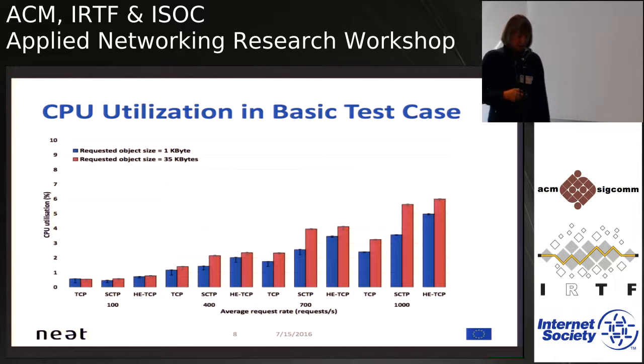Next slide. So this is the first set of results. On the y-axis, you have the CPU utilization. On the x-axis, you have groups of experiments for the different average request rates, running from 100 requests per second up to 1,000 requests per second. And you have 3 sets of bars for each one.